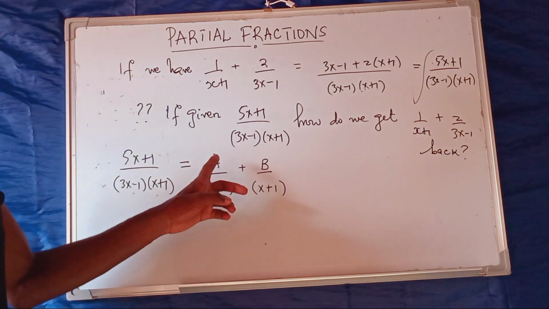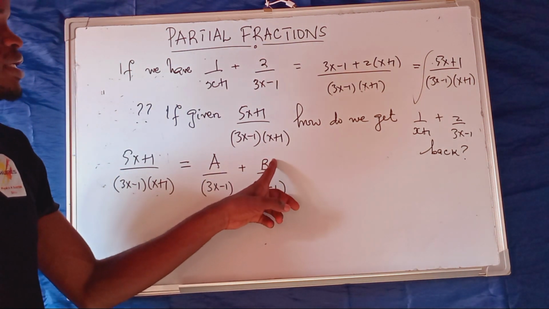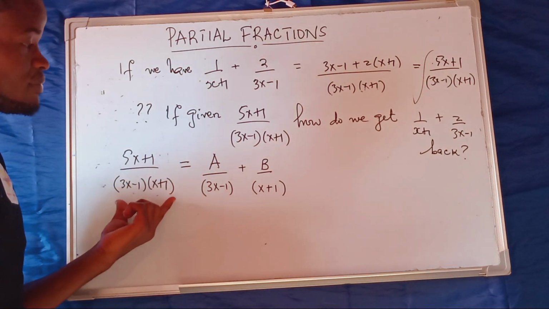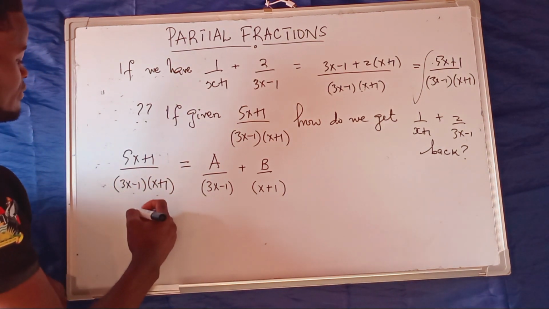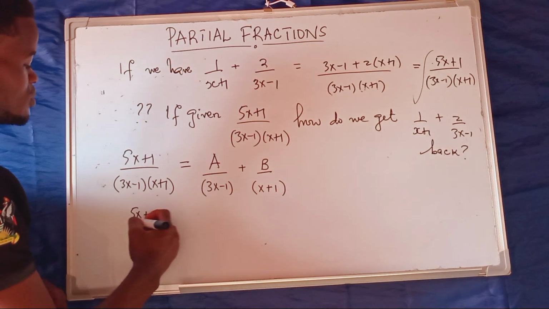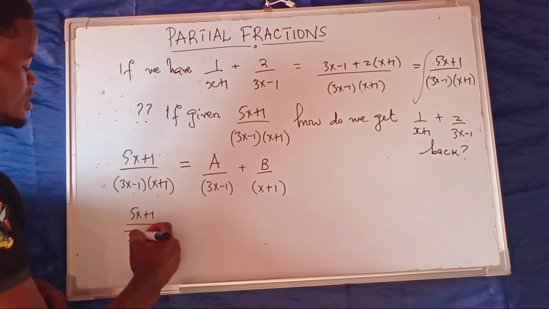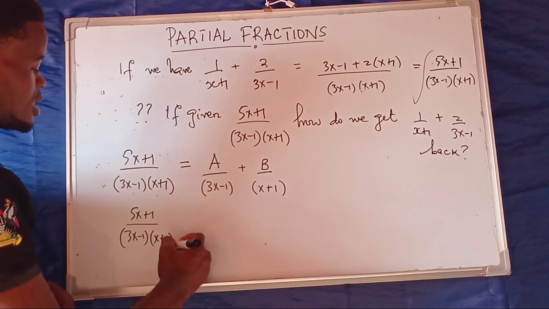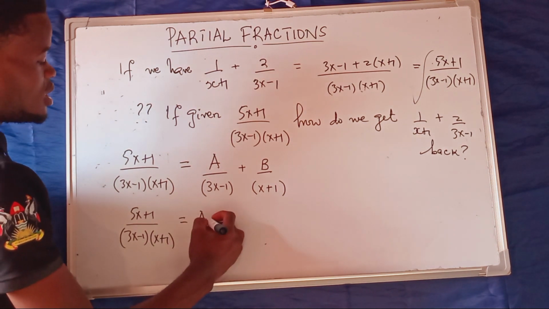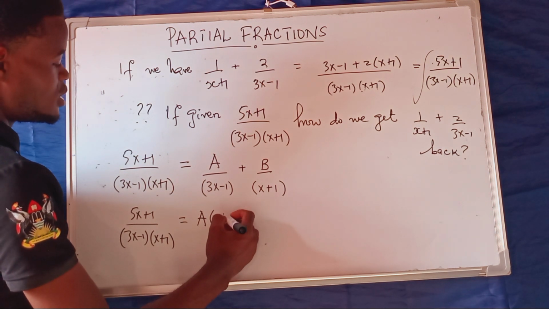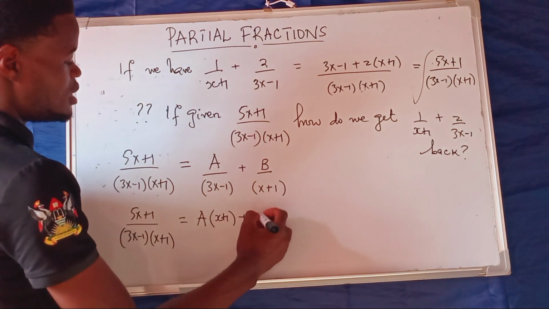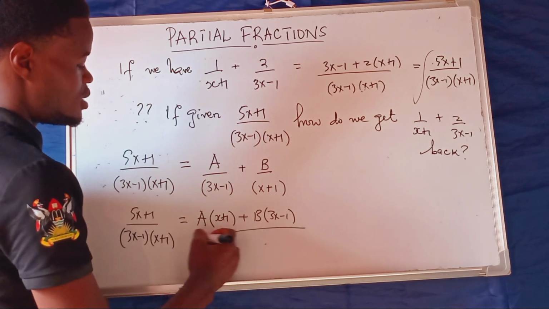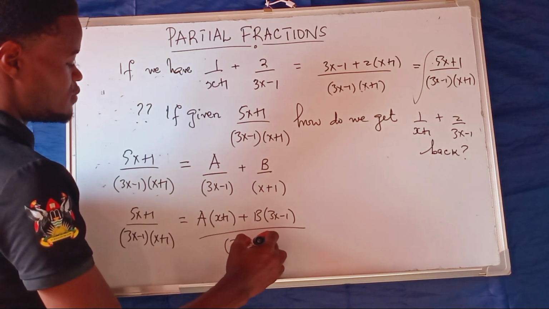So I want to find these constants, a and b, that satisfy this equation here. So I can say 5x plus 1 over 3x minus 1, x plus 1 is equal to a into x plus 1 plus b into 3x minus 1.